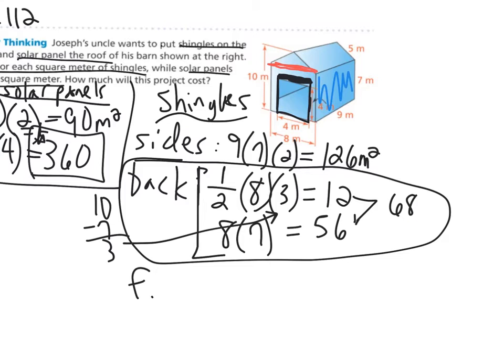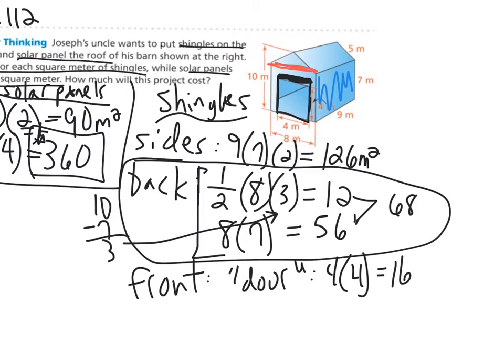Then the front side, we could look at 68's the whole thing, and then we're taking out the door part. So if our door part is a rectangle, 4 times 4 is 16, and then we could take 68, which was the back part, minus the 16, would leave us with 52.